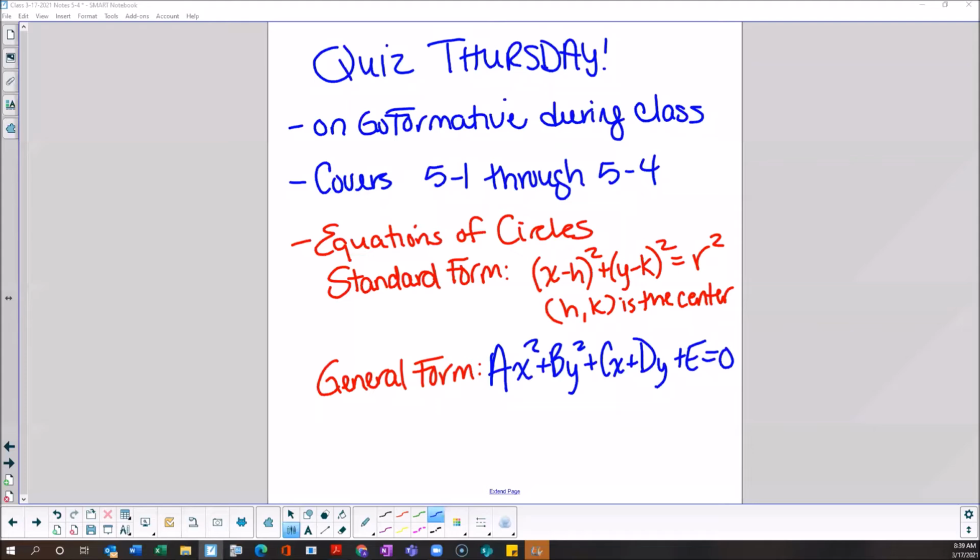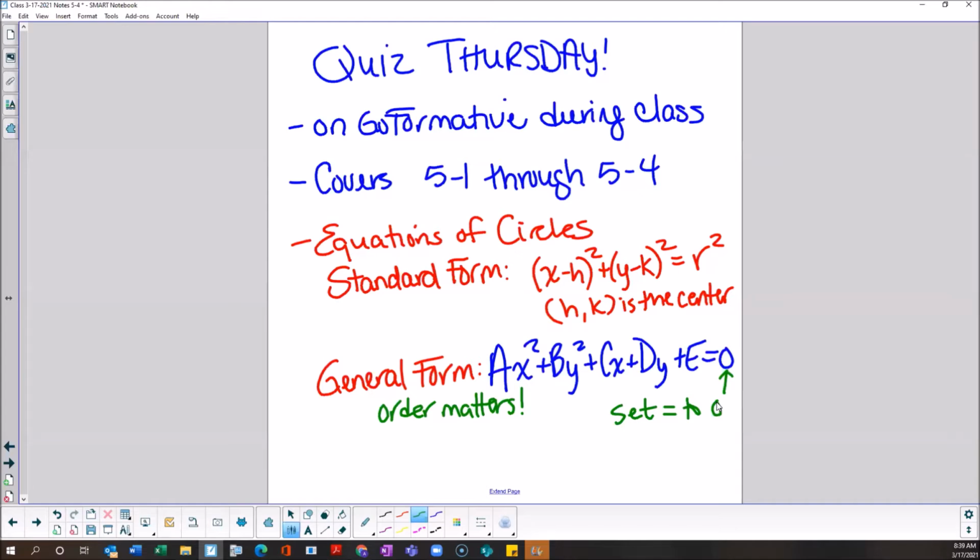And the order matters, okay? Order matters when you write it in general form. The other thing you want to pay attention to is that, remember, we always set it equal to 0. Equal to 0, okay? So when I say the order matters, see how it's x squared, then y squared? That's what it means with descending exponent order.